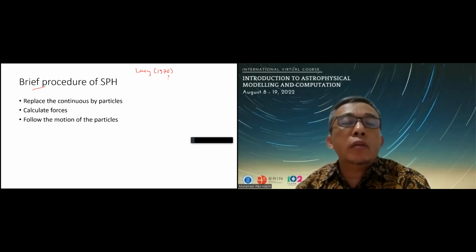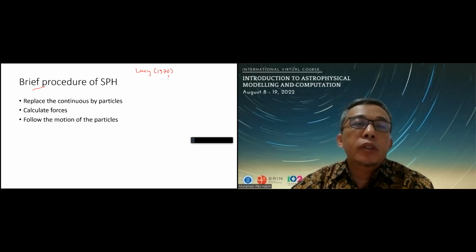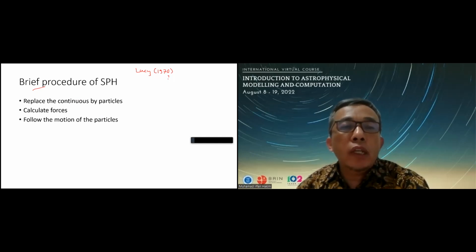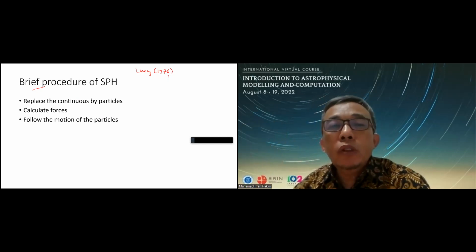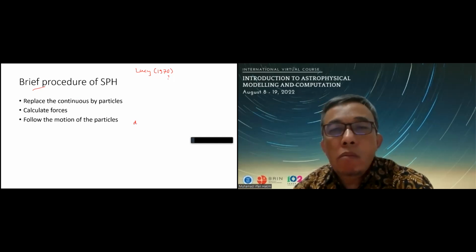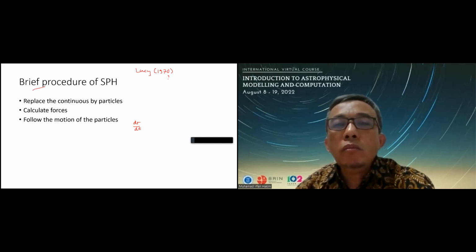This is the second procedure. We calculate forces, and the next is to follow the motion of particles. In principle, we construct the partial differential equation, or for example, an ordinary differential equation here, grad R here related to time t.